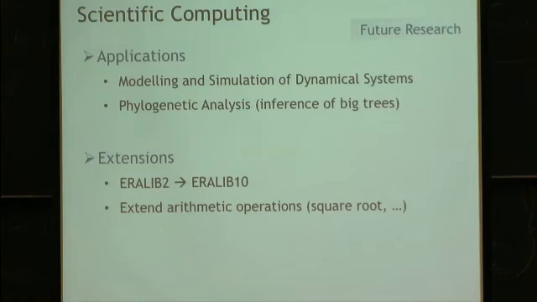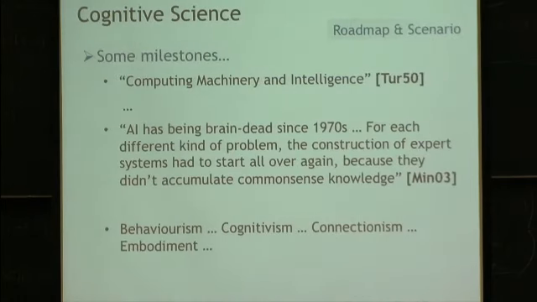This is what I have done in the last 6-7 years about scientific computing, and now I have moved to cognitive science, but with all this knowledge that I have produced before.